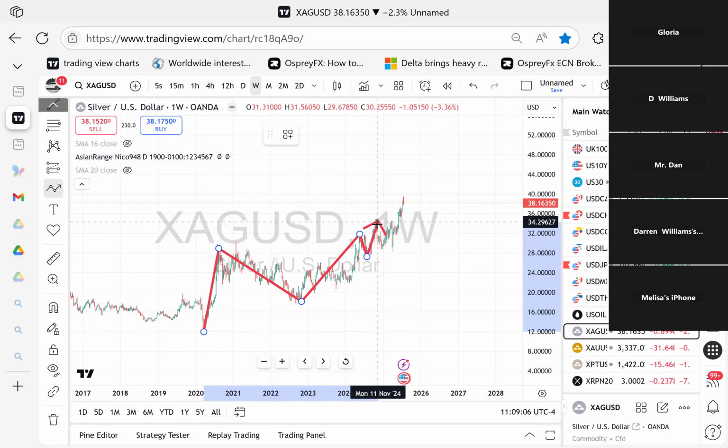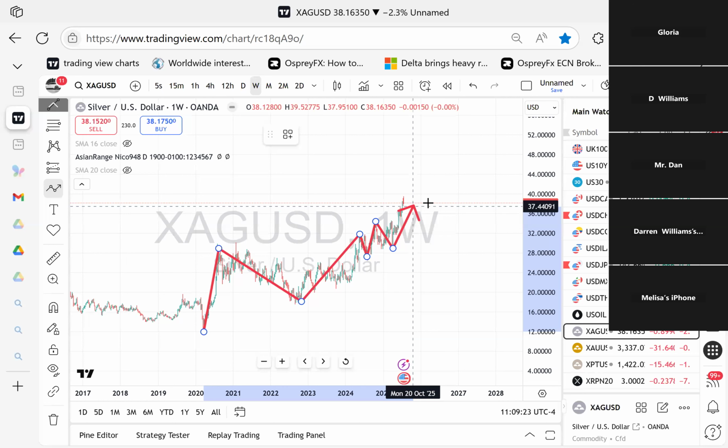For me, it doesn't look equal. So is this higher? Yeah. And this is the low, and this is the high? Or do we need to put a pullback right here too? No, I wouldn't put the pullback there.